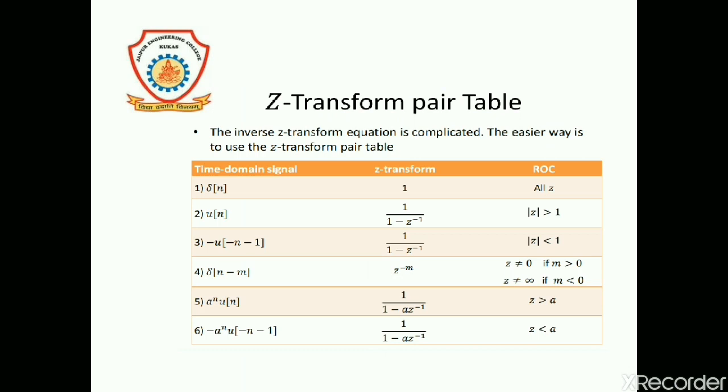I will discuss here some basic formulas generally used to find the inverse Z transform of signals.